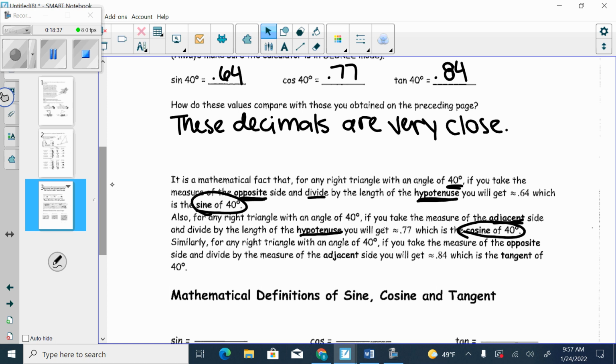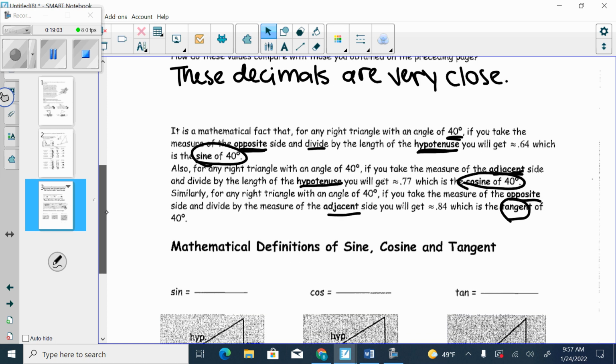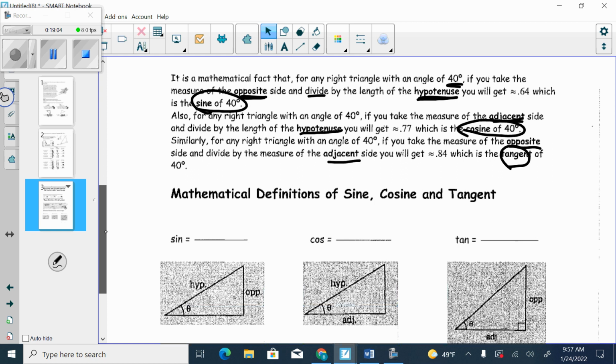Similarly, for a triangle that has that 40-degree measure, if you take the opposite side and divide it by the adjacent side, you're going to get approximately 0.84, which is tangent of 40 degrees. This obviously can change if you're not looking at a 40-degree angle. That would change your numbers. But these ratios will stay the same.